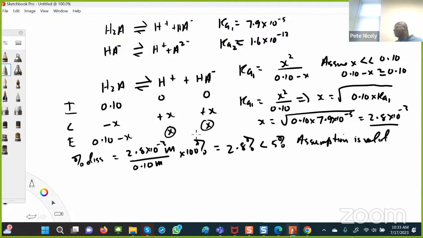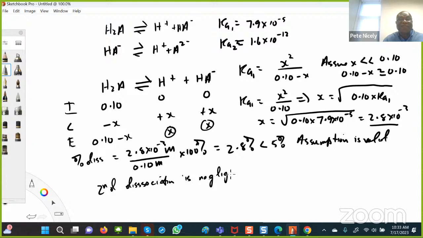But remember now, there's a second dissociation, right? But before we do that, let me just make a note here, and that is that the second dissociation is basically going to be negligible, all right?